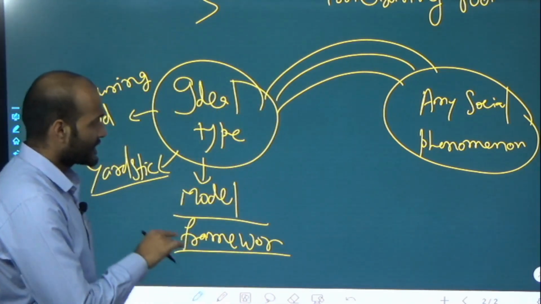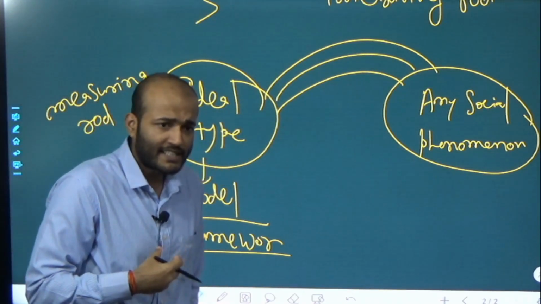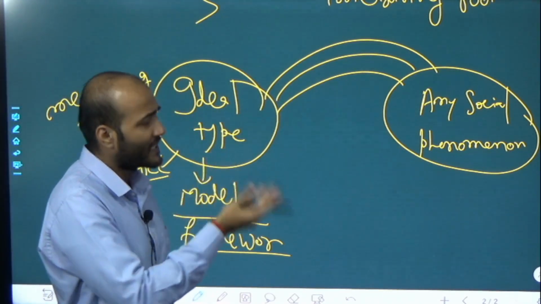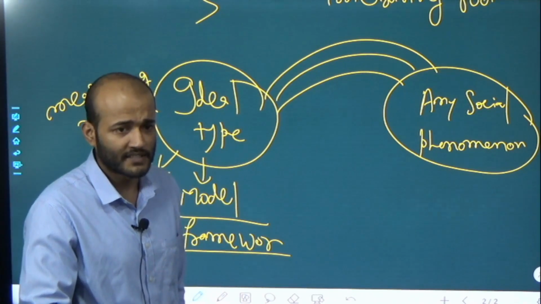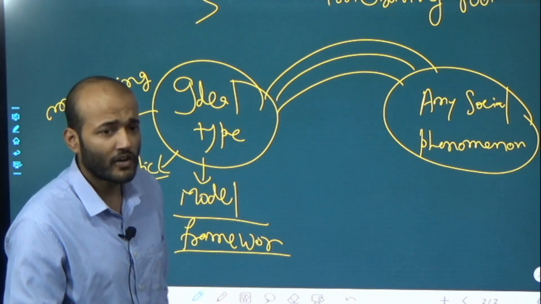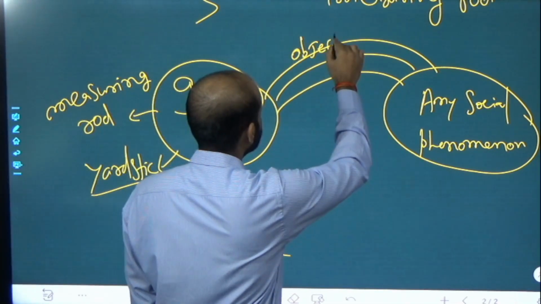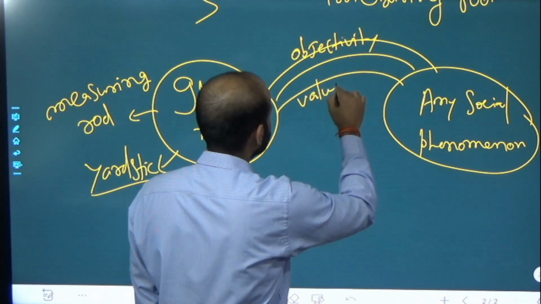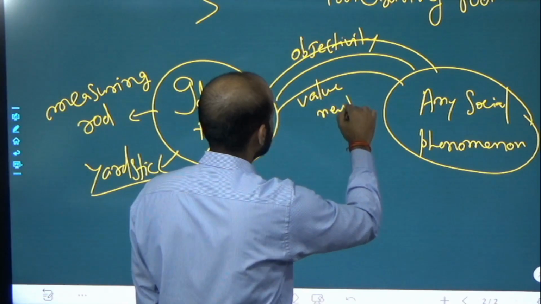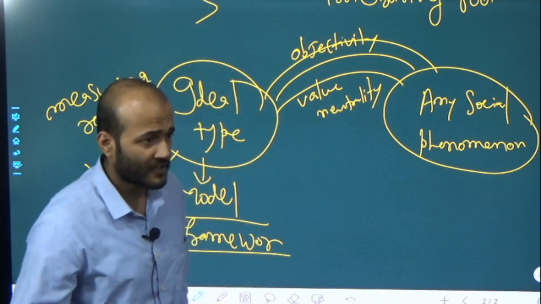So further Max Weber talks about, as soon as the ideal type we created, while explaining any social phenomena, the researcher has to maintain objectivity, value neutrality, and highest level of perfection.